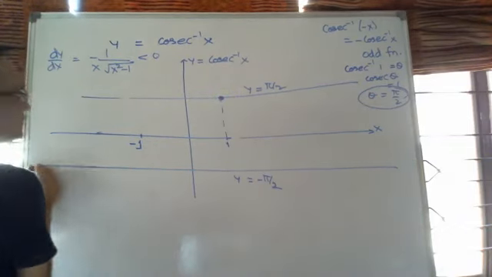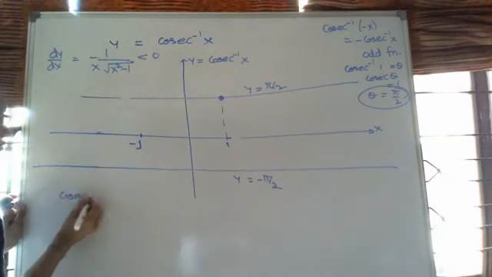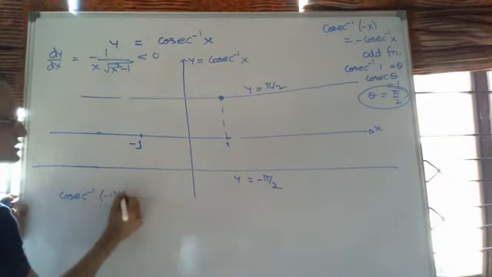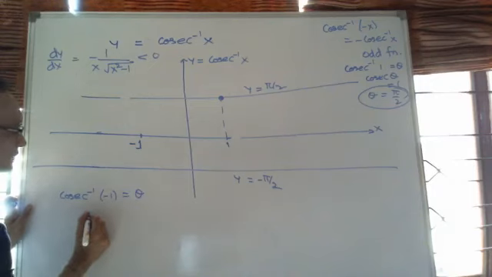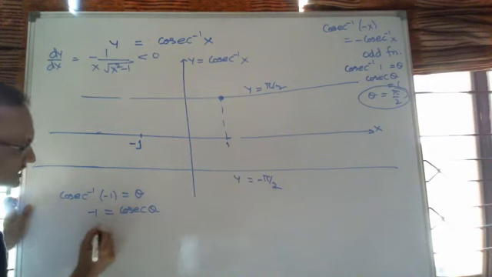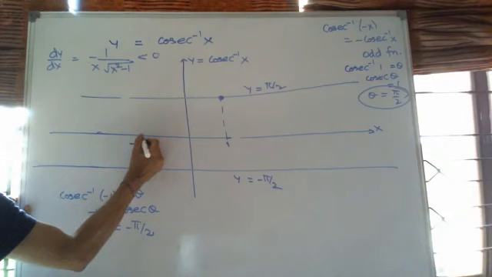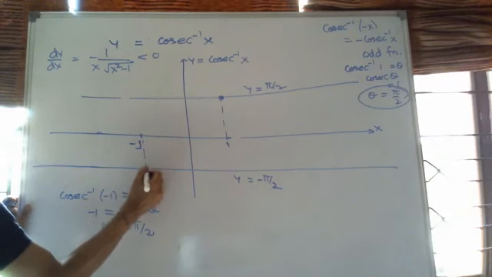Now cosec inverse -1: suppose that's theta, then -1 is cosec theta. That means sin theta is -1, theta is -π/2. So when x is -1, cosec inverse -1 is -π/2. This is a point on the graph of the function.